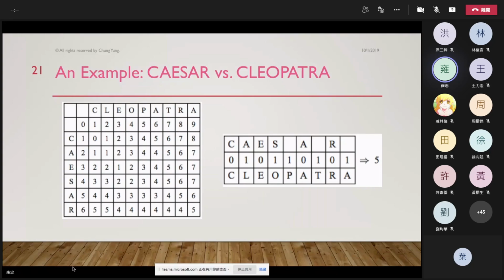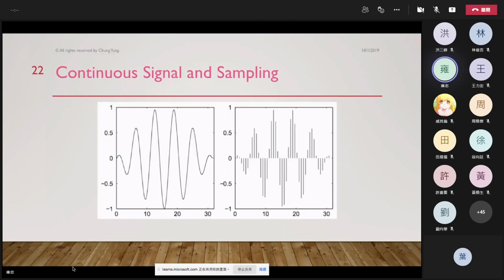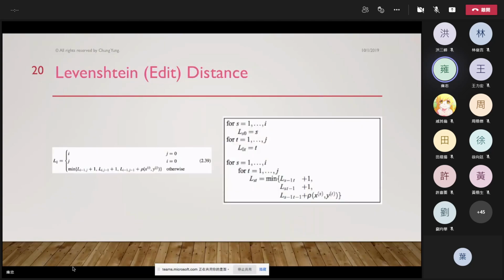S and O is 1. Space and P is 1. A and A is 0. Space and T is 1. R and R is 0. A, space and A is 1. And we count how many ones in the second row. That's 5. So this computation is for computing edit distance.